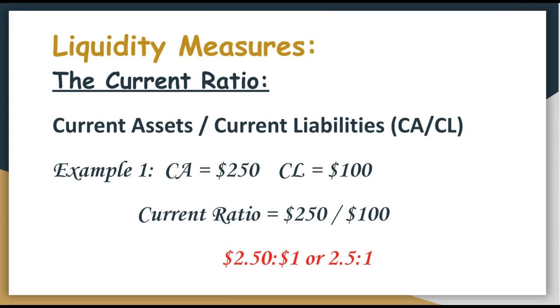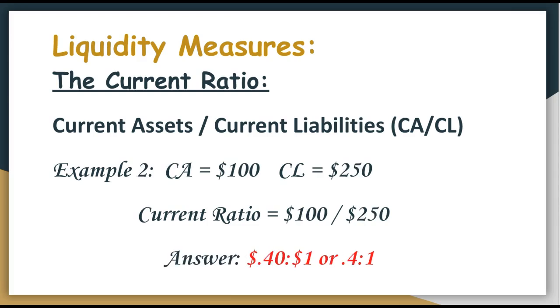And it doesn't mean that it's healthy, but we at least want to have enough current assets to meet our current liabilities. I'm not saying a 1-to-1 would be a very healthy ratio, but something over 1 would be somewhat healthy in that regard.